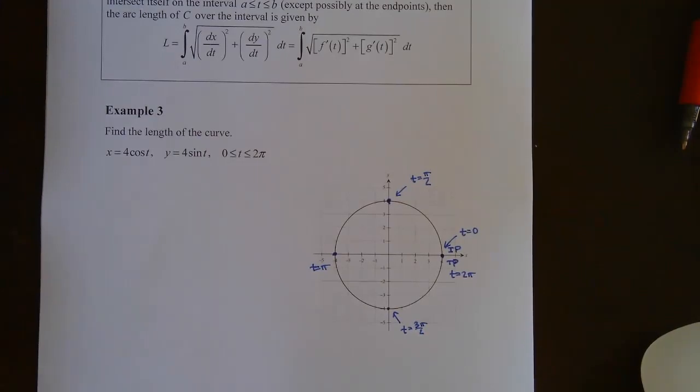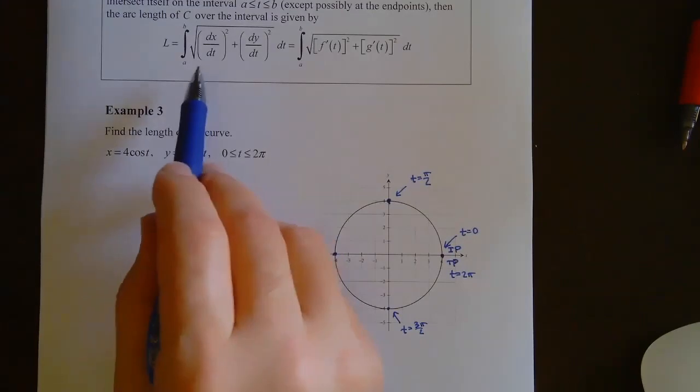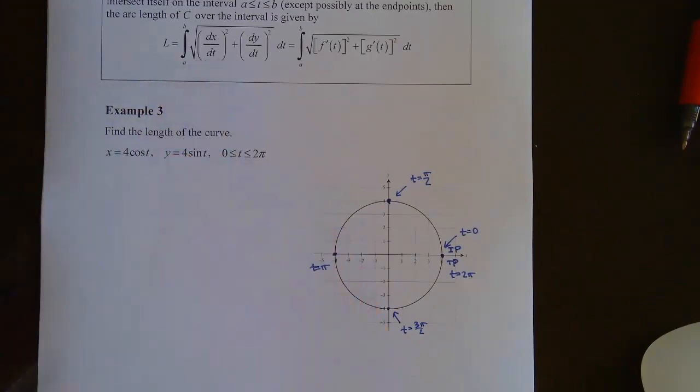And I want to show you that this works because you're not always going to be able to use symmetry like we just did and say, oh, it's the circumference of a circle. You're not always going to be able to do that. So a few things we need to do: we need to calculate the derivatives, because to find the arc length, we need derivatives.